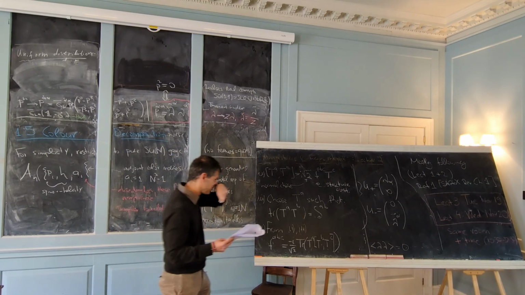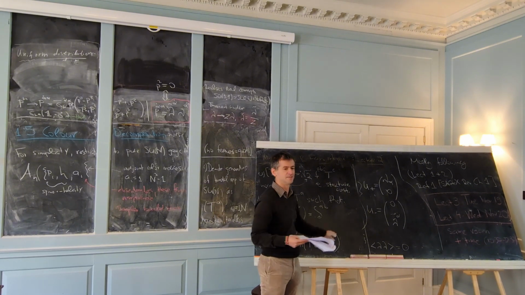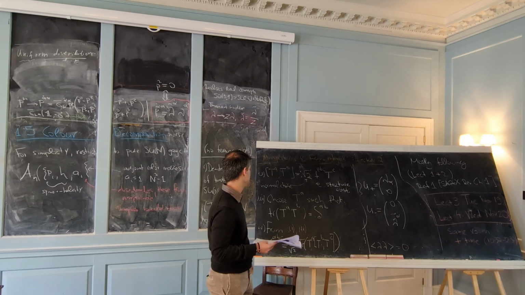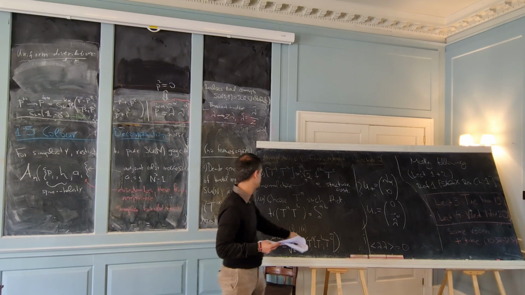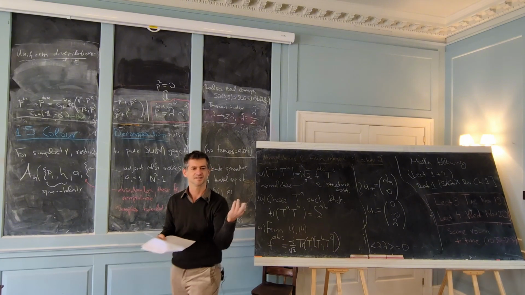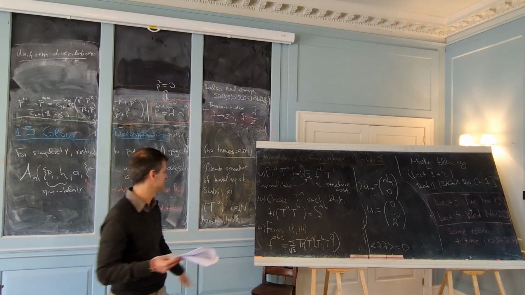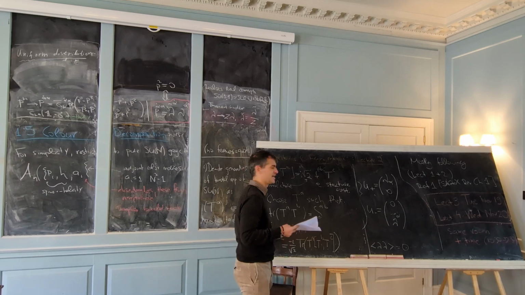And okay, also write this as trace T_A T_B minus trace T_A T_C. From this it's clear what happens if you exchange B and C? You get a minus sign. What happens if you exchange A and B?